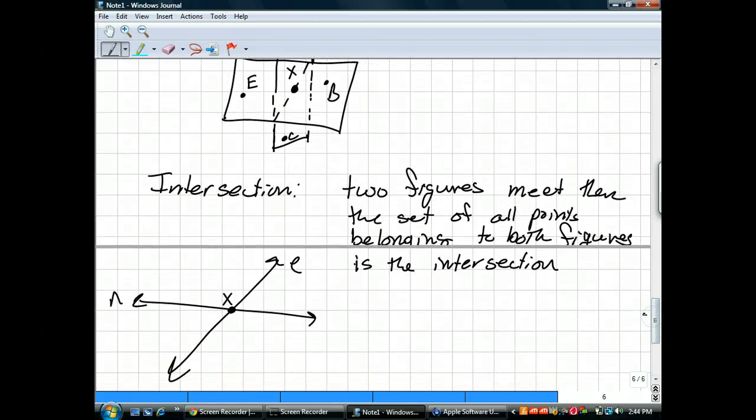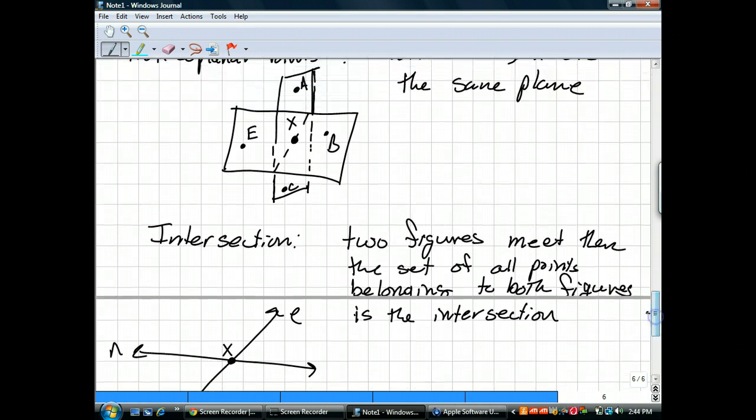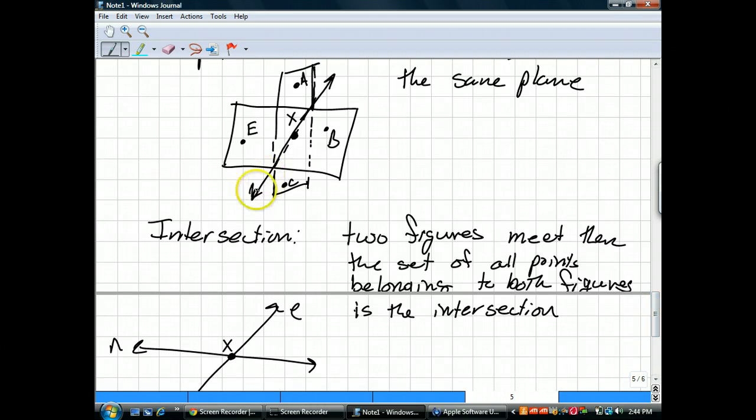Up here on our planes that intersected, if two planes intersect, they intersect in a line. And so this line belongs in both planes. So we say it is the intersection of those planes.